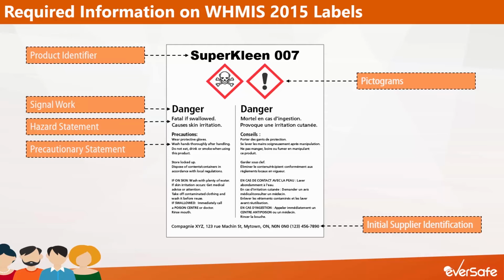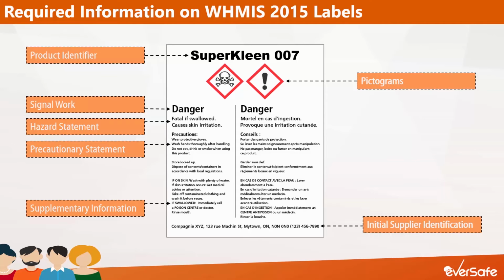Precautionary statements are standardized phrases describing the measures that need to be taken to prevent or minimize the negative effects caused by improper handling, storage, or exposure to the product. These statements include phrases like keep container tightly closed, protect from sunlight, and wear protective gloves. Again, super clear, very concise, and to the point.